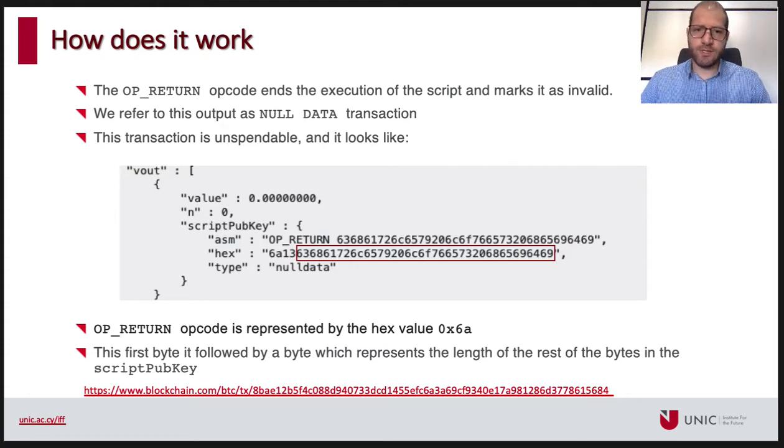To decode the message, we need to use a UTF-8 decoder. For example, take a look at the highlighted text, and we can decode that highlighted text using a UTF-8 decoder to reveal the information that was injected in that transaction. You can observe this transaction on the Blockchain Explorer yourself.